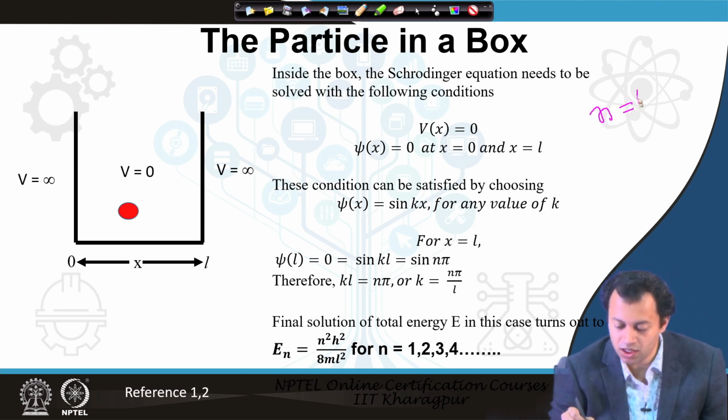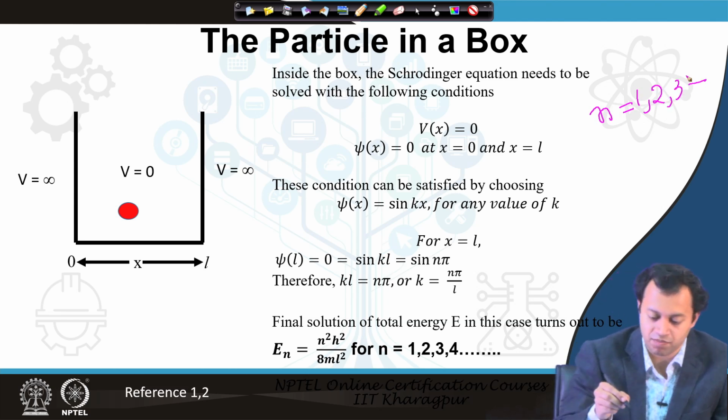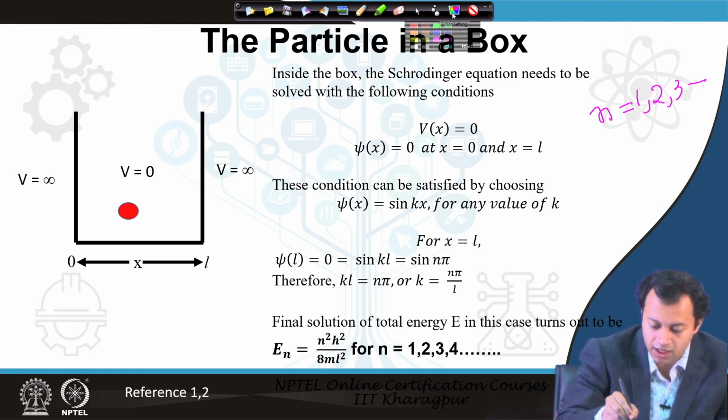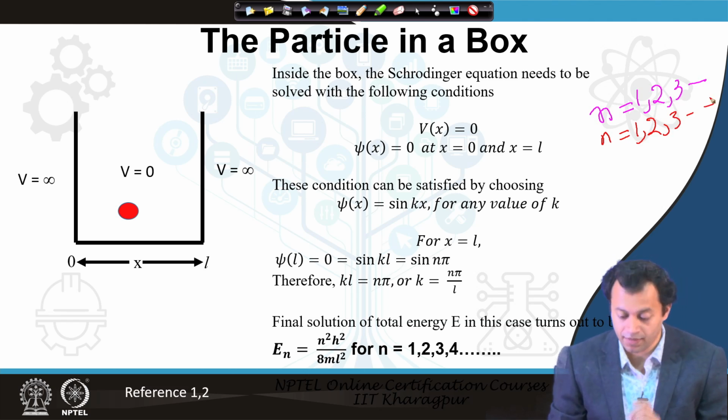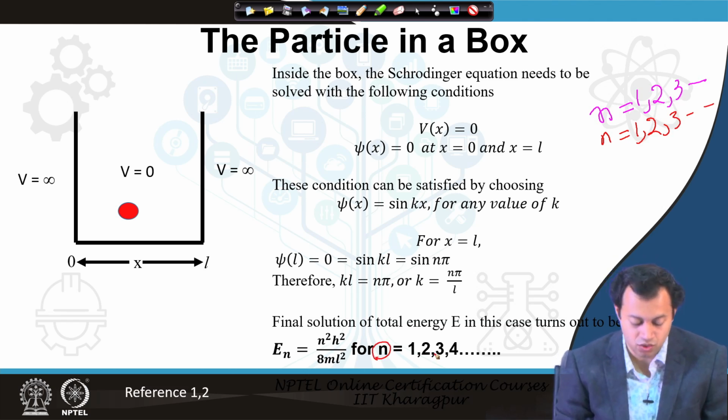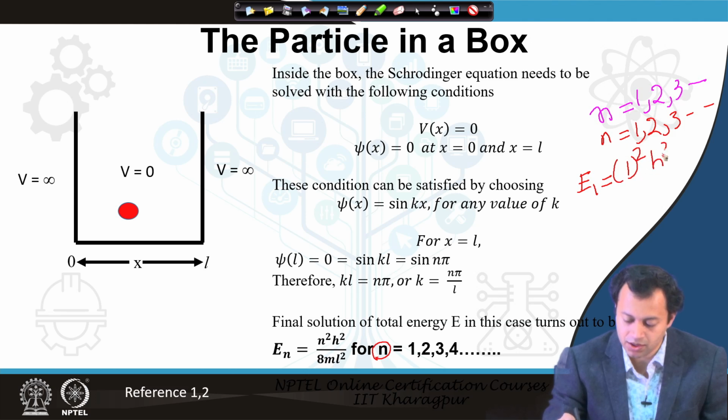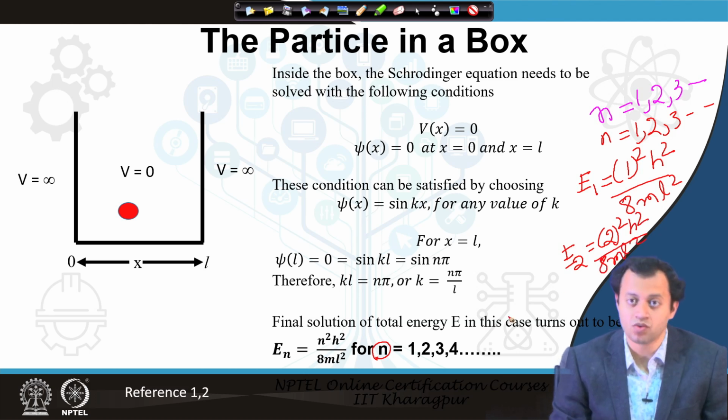Since n is equal to 1, 2, 3, 4, whole numbers, you have energy E1 equal to 1 square h square by 8 m L square, E2 is equal to 2 square h square by 8 m L square, and so on and so forth.